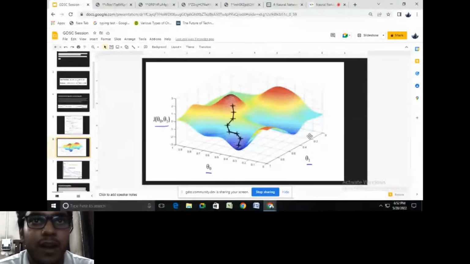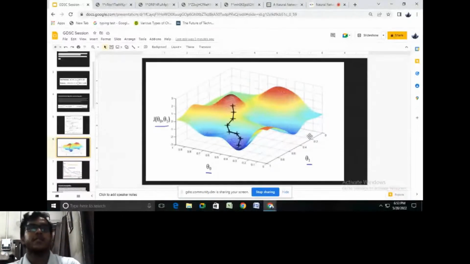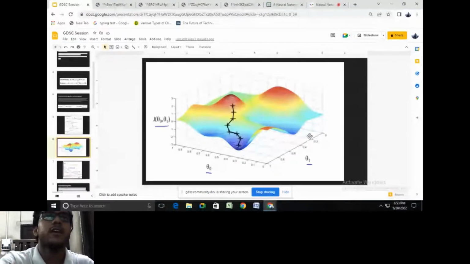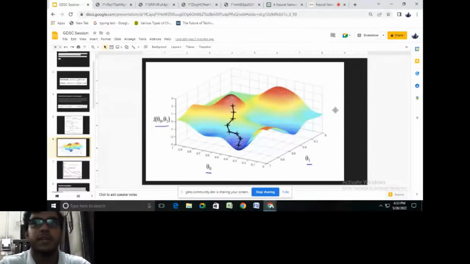If the number of parameters goes upwards of 2, then it won't be possible to visualize this cost function, because if there are 3 parameters, then we will need a 4D space, or if there are 4 parameters, we will need a 5D space, and our brain cannot process 4D or 5D or more than those spaces.